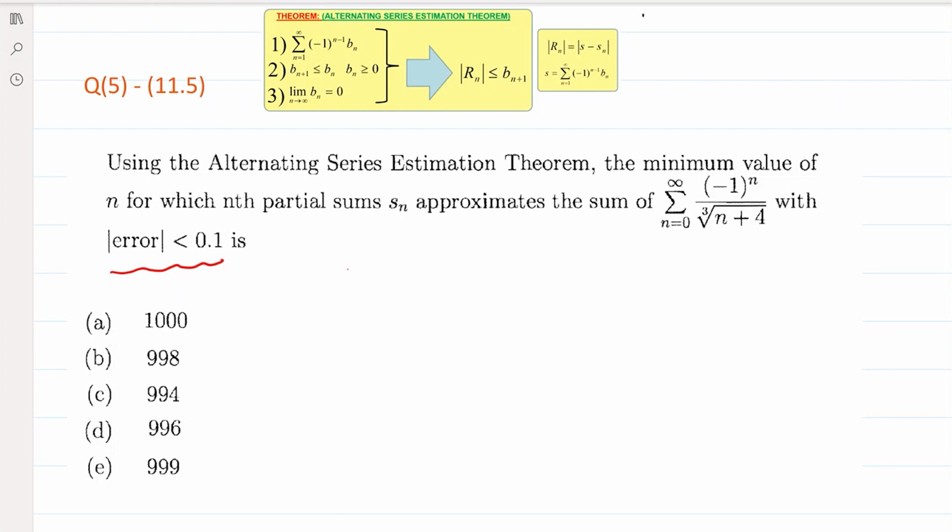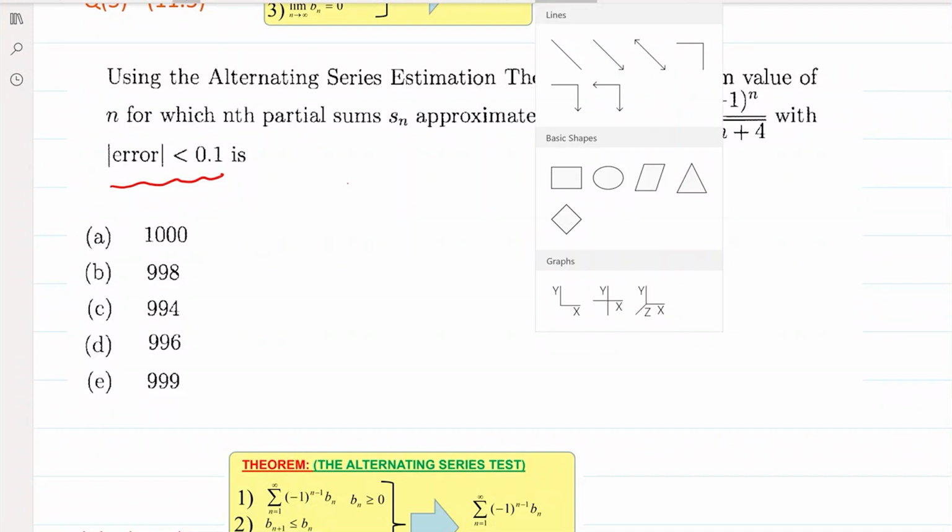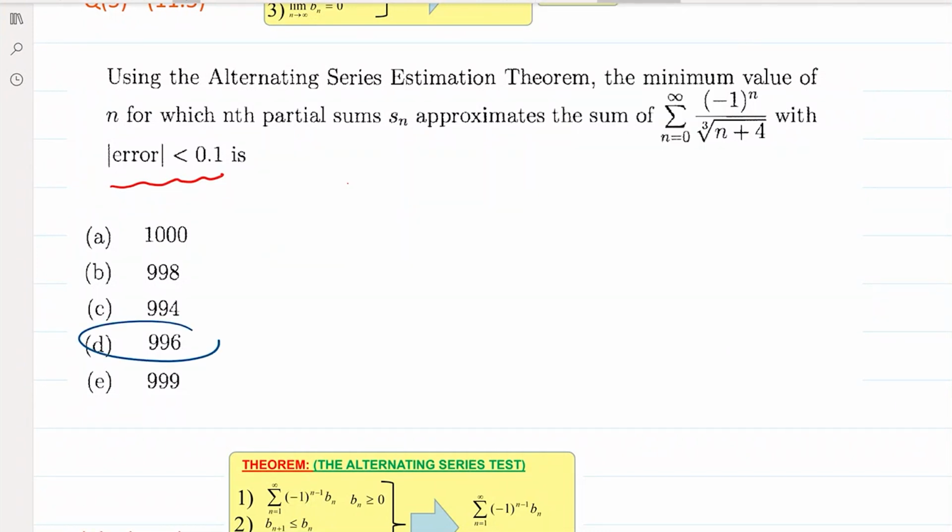Yes, Hassan Shaker. Yes, Hassan. What is the answer? The answer is D. Why? First, we find Sn plus 1.